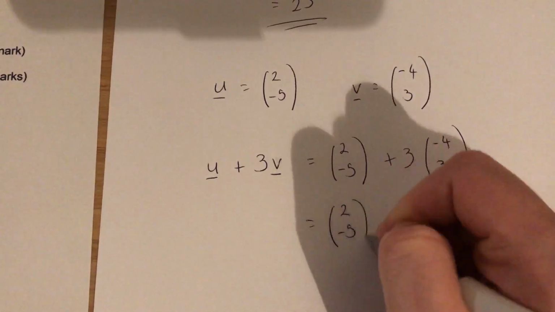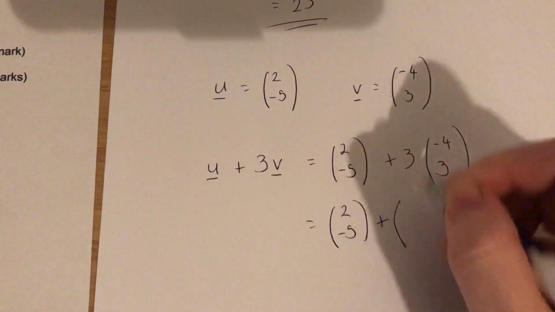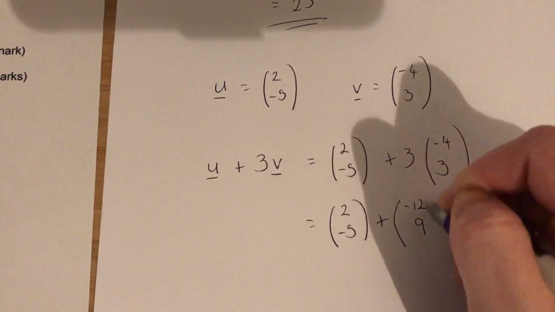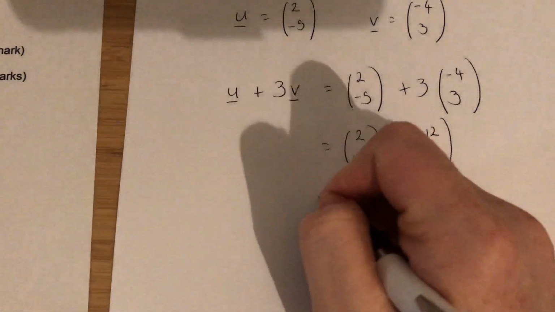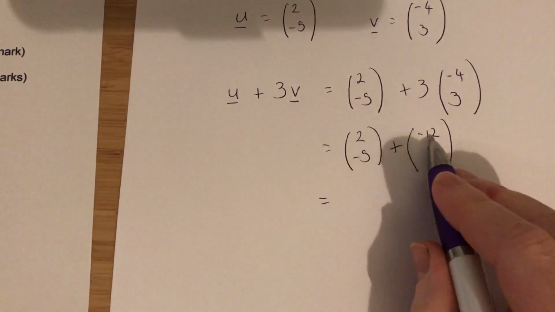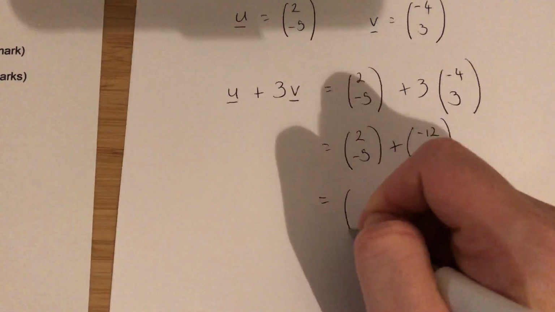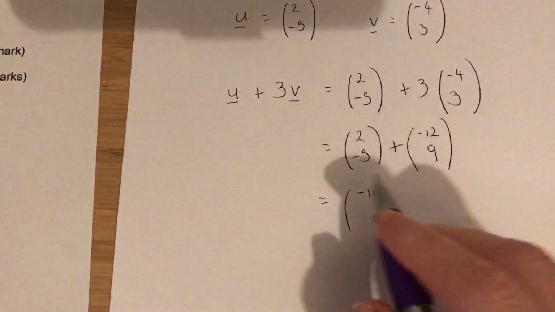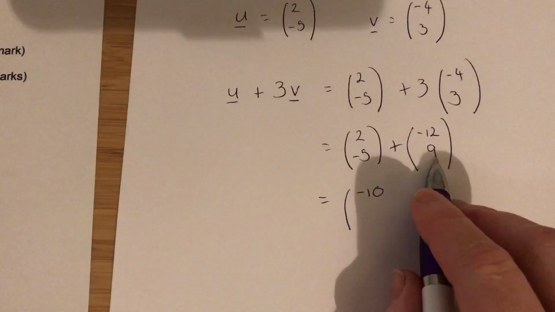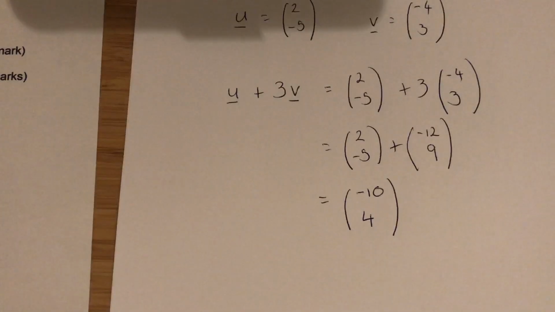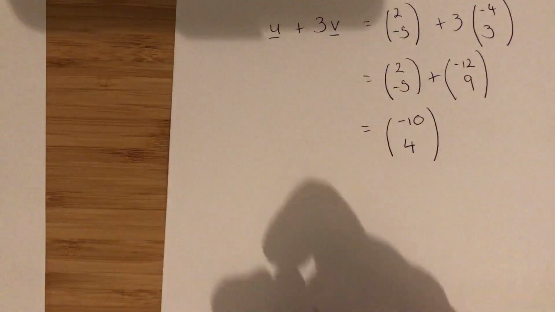So we have 2, negative 5, plus 3 times negative 4 is negative 12, and 3 times 3 is 9. Adding them together, 2 plus negative 12 on the top, so same as 2 minus 12, which is minus 10. Minus 5 plus 9, which is 4. So we have negative 10, 4. This is a paper 1 one.